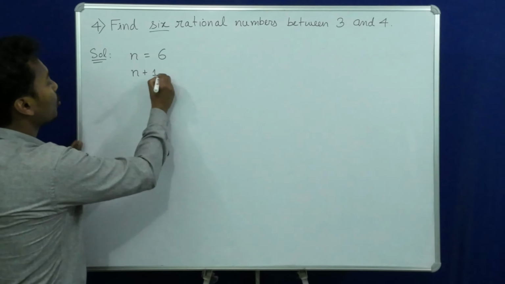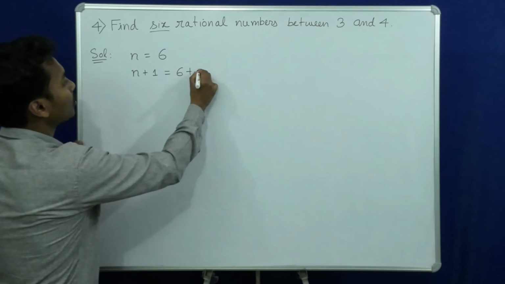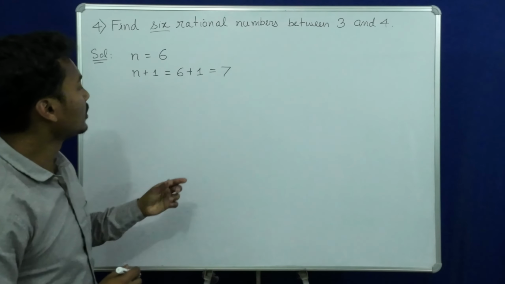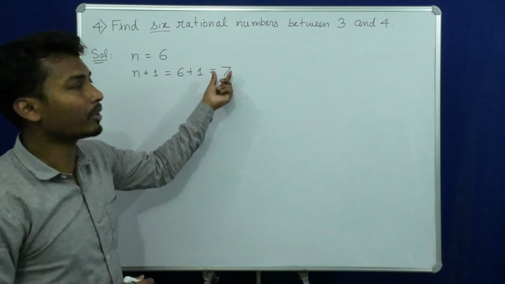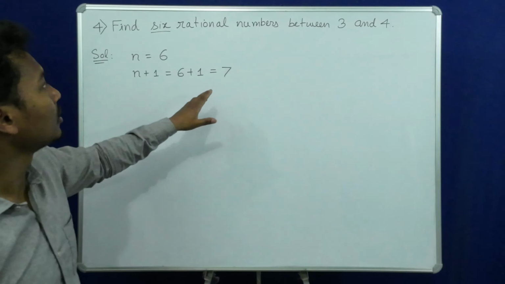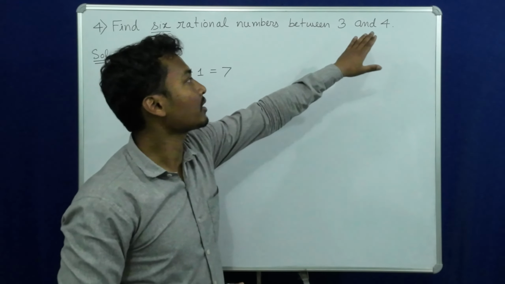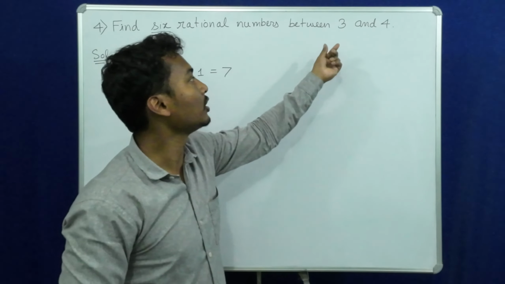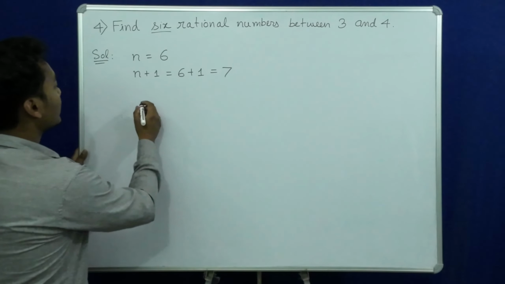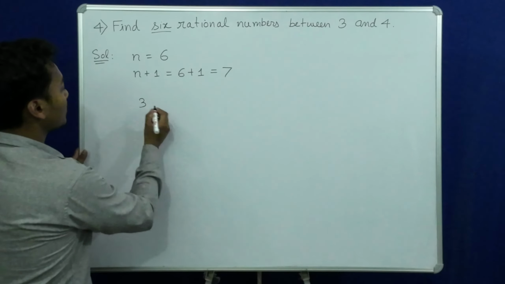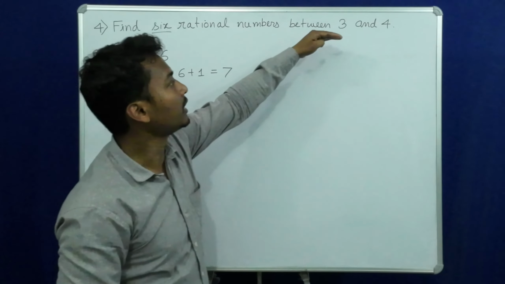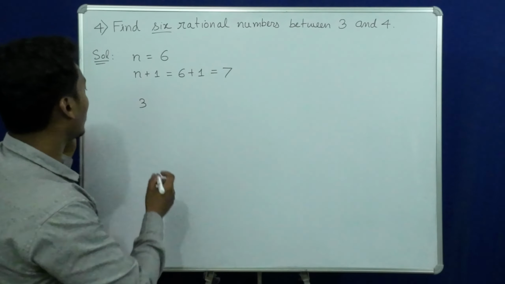N plus 1, which will give you 6 plus 1, which is equal to 7. Now, using this 7, we will multiply two rational numbers in such a way that the denominator becomes the same. So, here the rational number is 3. If there is nothing in the denominator of 3, we know it is 1.